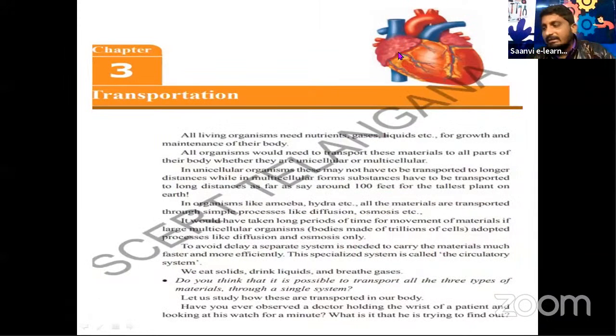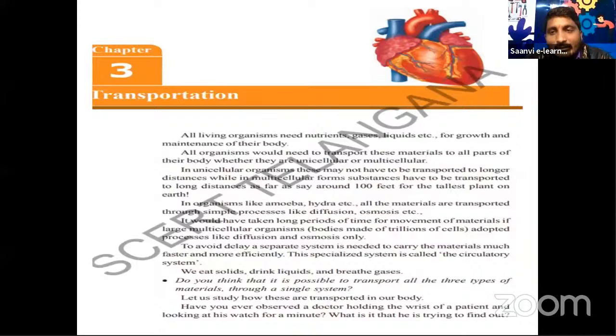As we discussed in the last class, we eat solids, drink liquids and breathe gases. As you know already, our blood supplies the solid material, like what we are taking, the food, which is converted into sugars like glucose and transported to our body parts.